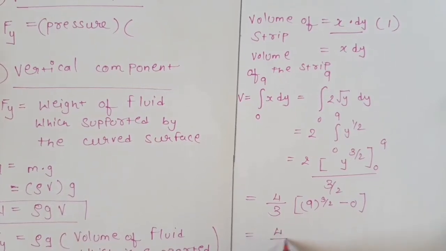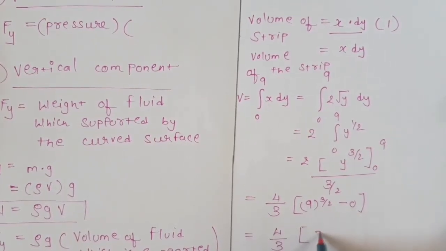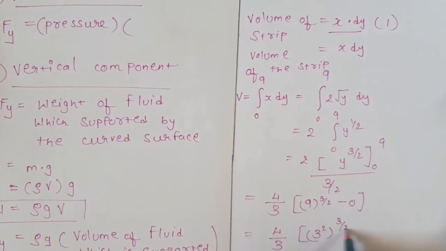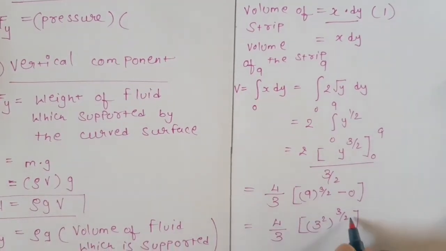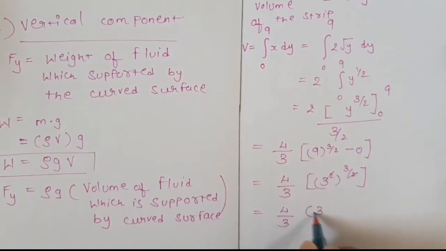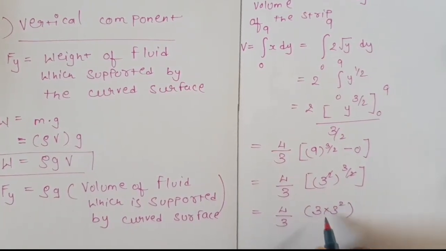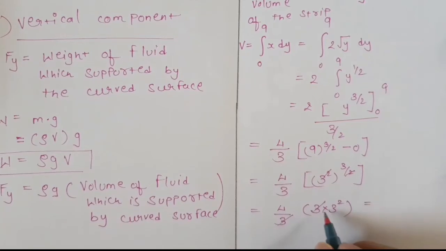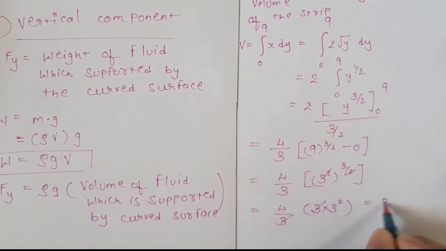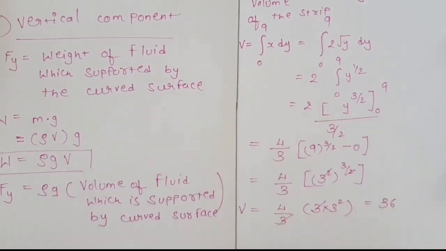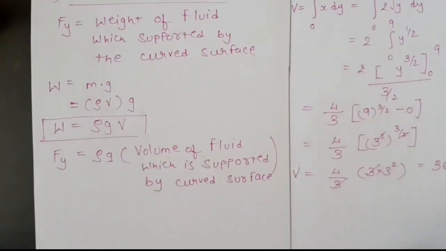Since 9 can be written as 3 square, we get 4 by 3 into (3 square) raised to 3 by 2, so 4 by 3 into 3 cubed, which is 4 by 3 into 27. This cancels and we get 4 into 9, so it will be 36. So volume equals 36. Okay, so we have obtained the volume.